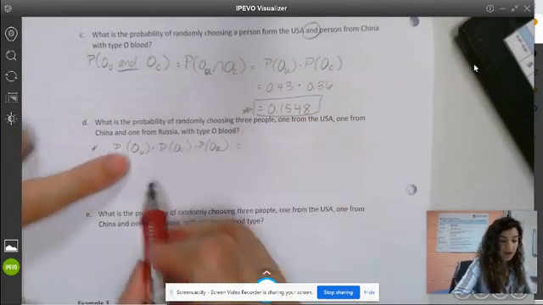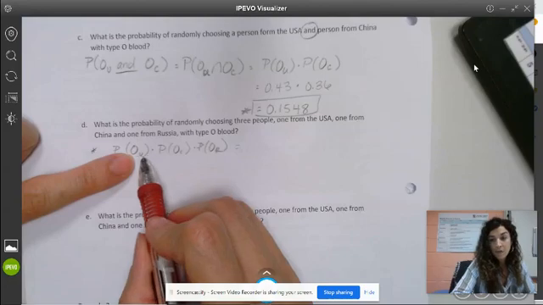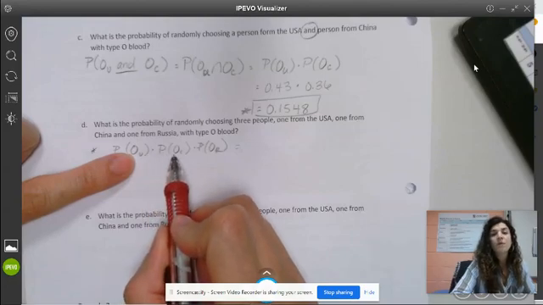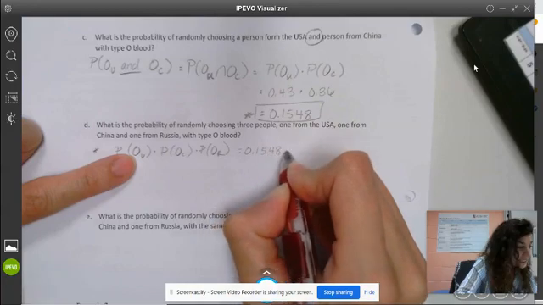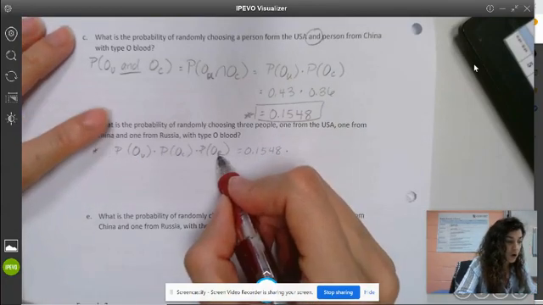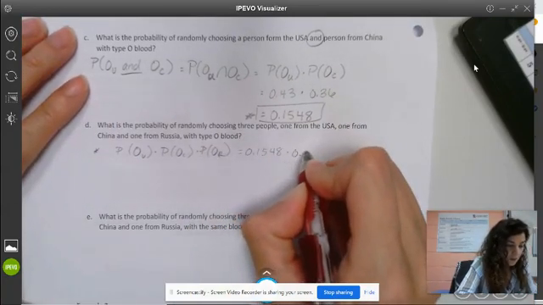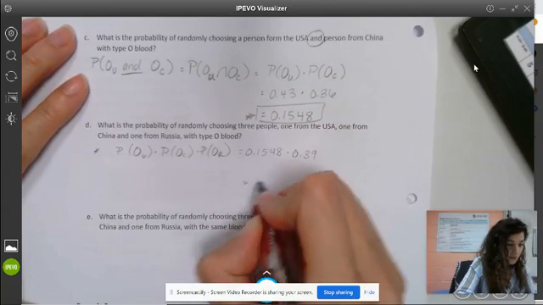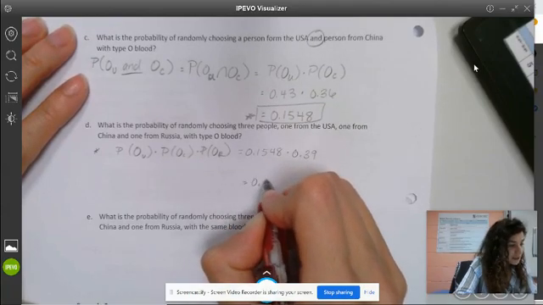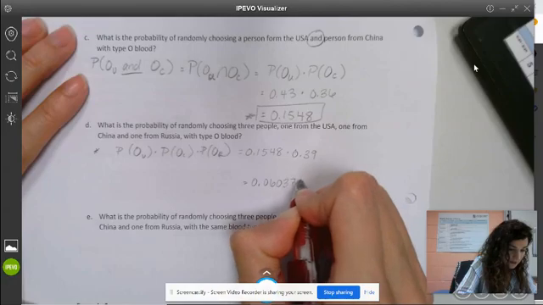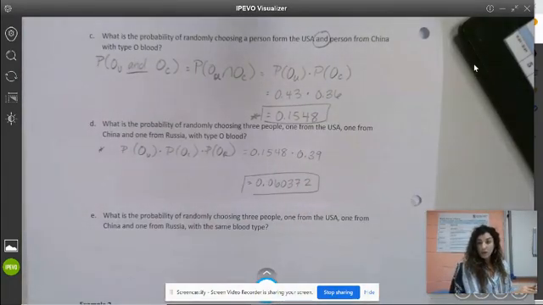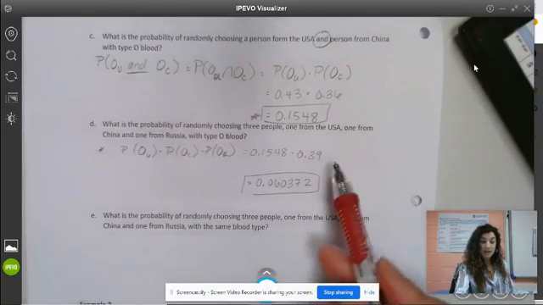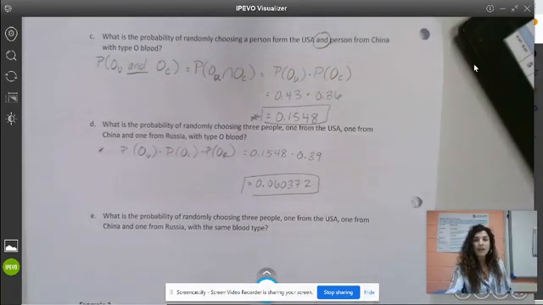We already knew what probability of O from the US times probability of O from China was. That's 0.1548. Then we just need to multiply O from Russia, which is 0.39. Multiplying it out, we get 0.060372. It got even smaller, even though 0.39 is a pretty big probability compared to the rest of the table.